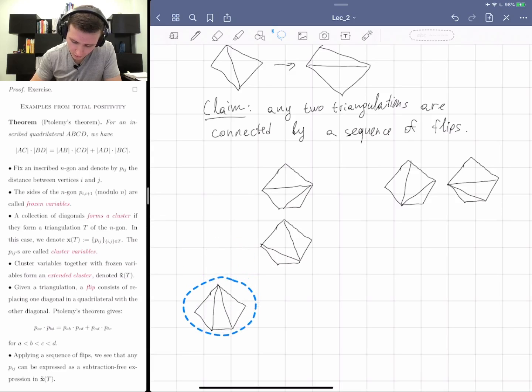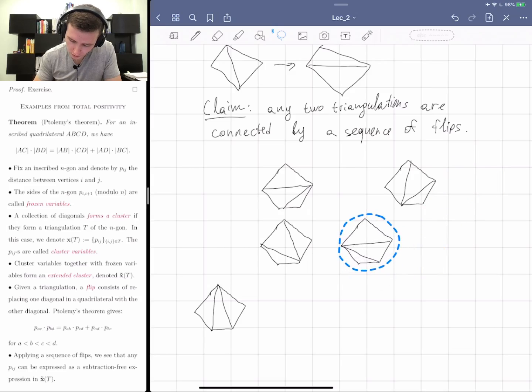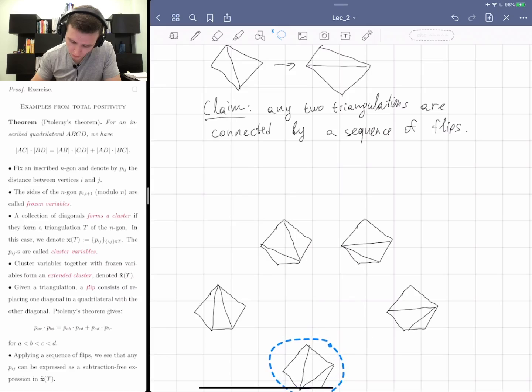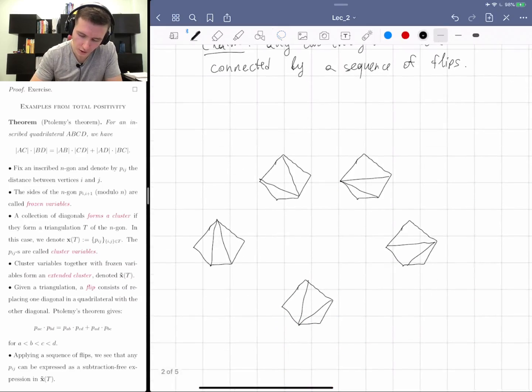Yeah, let me do it like this. And then from here, I can go to this one, and then from here to this one, and then this one. And so together, they form another pentagon.